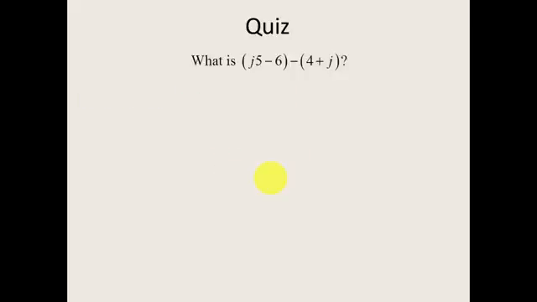Here is a quiz. What is the answer for this? So what I'm going to do again is to open up the brackets. So I have j5 minus 6 minus 4 minus j. Then I'm going to group the real parts together and the imaginary parts together. So let's do the real parts first. So here the real parts are minus 6 minus 4. Be careful, there is a negative sign in front of 6. How about the imaginary parts?